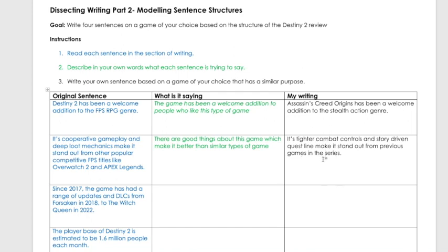When you do your sentence, you'll have to think about what works best for you. Are you talking about previous games in a similar series, or are you talking about completely different games? What matters in my writing is that I've shown the same purpose in my sentence that was shown in the Destiny 2 sentence, and that's how I know I'm on the right track.